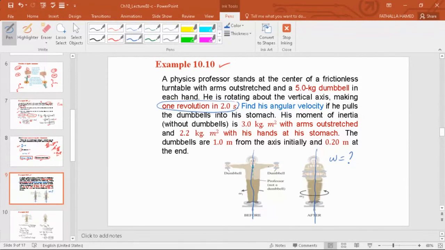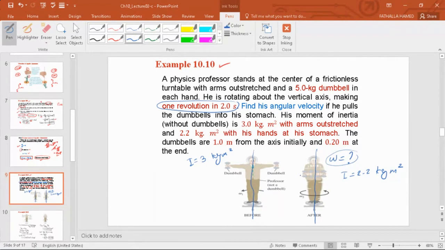With the arms outstretched, the moment of inertia is 3 kilogram meter squared. When he brings the arms in, it's 2.2 kilogram meter squared. In this situation, he starts with 1 revolution in 2 seconds. Now they ask us for the angular velocity when he pulls his arms toward his stomach.